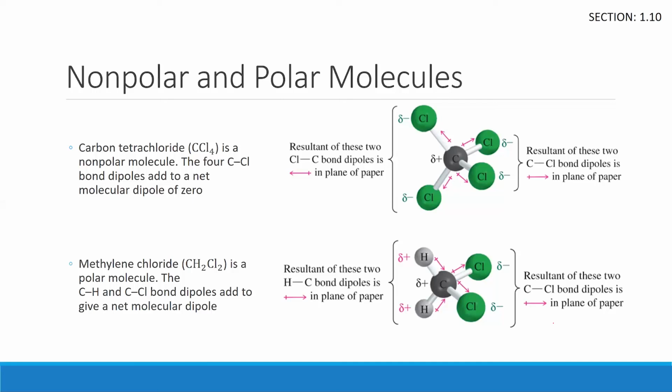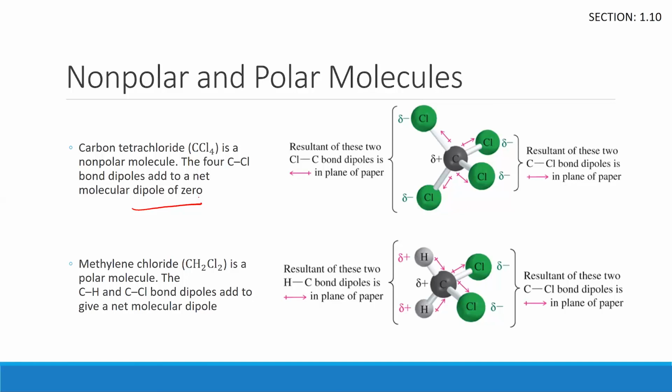However, because these are arranged symmetrically in a tetrahedron, the result of the 4 electronegative bonds being pulled actually ends up in a dipole of 0. This is a symmetric molecule. That's the key thing I'm going to say. It's a symmetric molecule in which the dipoles ultimately cancel each other out.